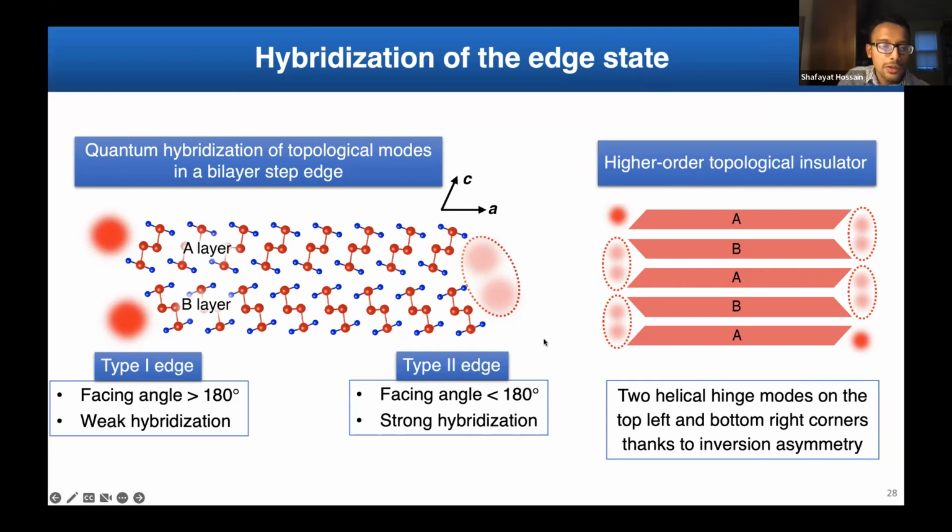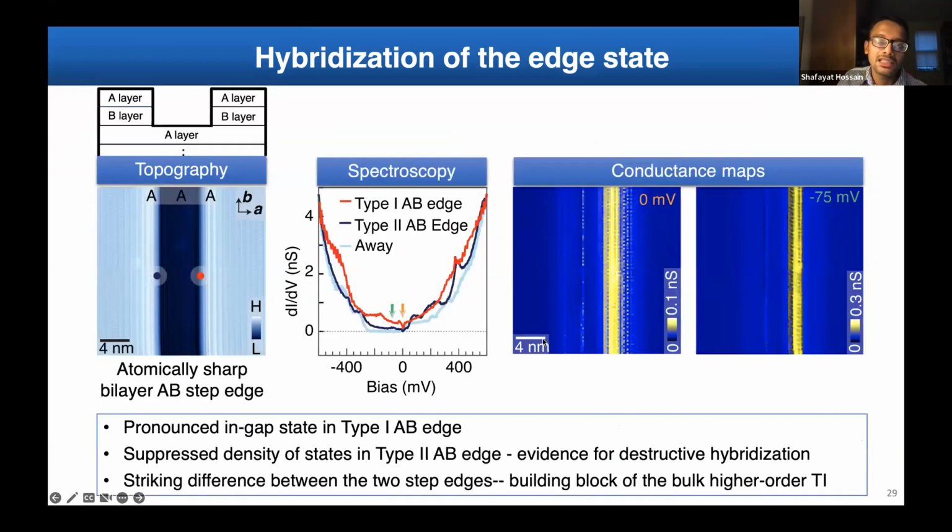All right, so now experimentally, we need to find these two types, this type 1 and type 2 edges. Of course, it required an extensive searching because it's rather unlikely to find them very nearby. But fortunately, we found that, and then we have these two nearby type 1 and type 2 AB edges.